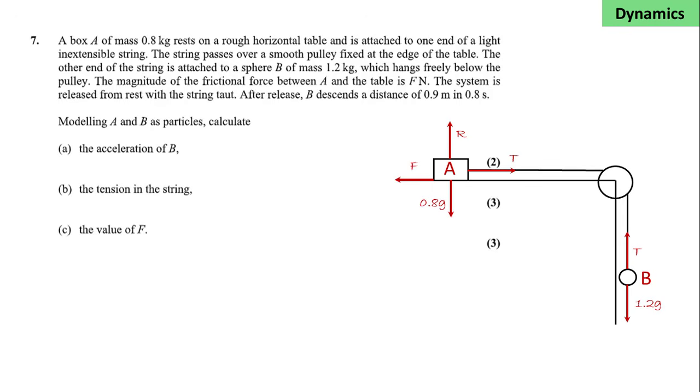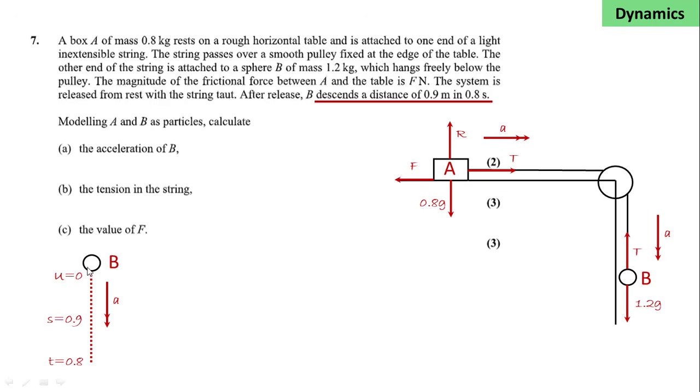The system is released from rest with the string taut. We're told that after release, B descends a distance of 0.9 meters in 0.8 seconds. B will start from rest, so u equals 0. The distance that it travels is 0.9 meters and the time it takes is 0.8 seconds.